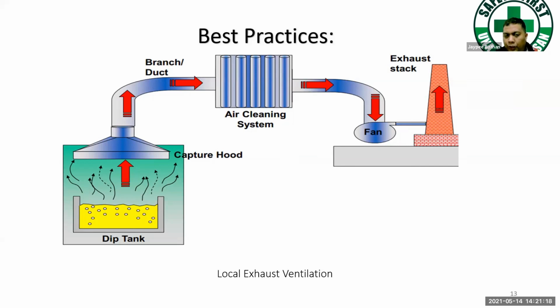The capture hood captures all the unnecessary air contaminants like carbon dioxide. The duct goes to the air cleaning device, which cleans our air, then the fan sends it outside. This is the best practice of local exhaust ventilation.